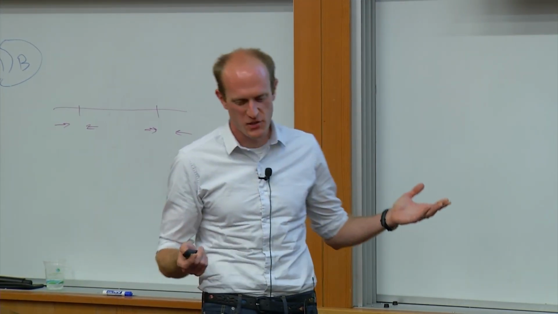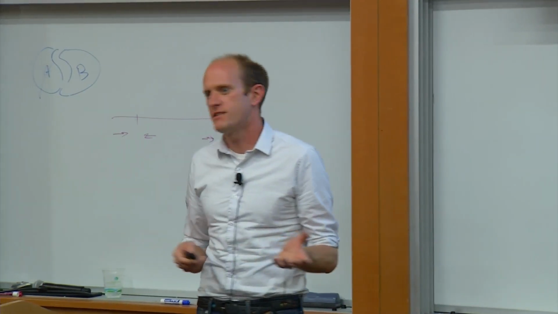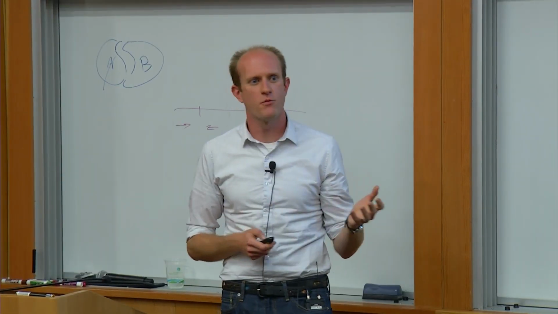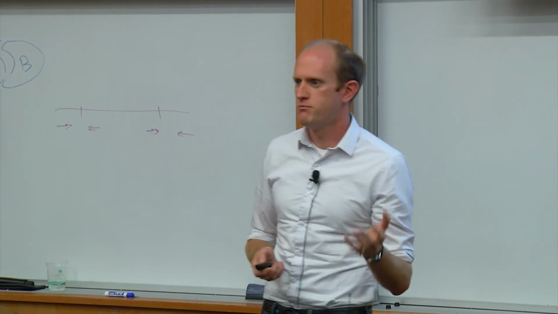Okay, so this is what these look like. The tool is going to spit out protospacer sequences. It's going to tell you then how well it scores it. Here's just an example of a couple guides that it thinks are really good. You would just go through and pick the top guides. Because it's doing weights, it just assigns arbitrary numbers to each thing. So it says, if I find a T at this position, +5.